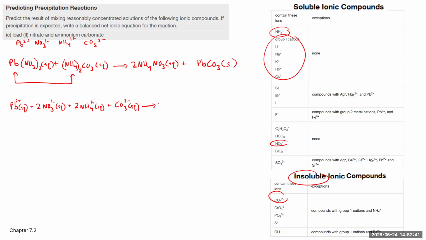All right. Now we have 2 ammoniums, NH4 1 plus aqueous, plus 2 nitrates, 1 minus aqueous, plus now solid, we don't break apart, lead carbonate. Sounds like carbonara.